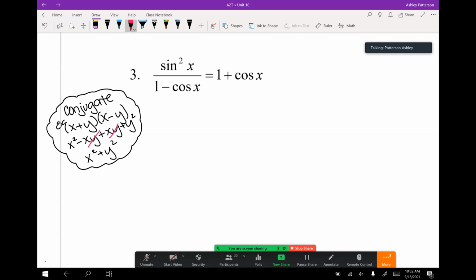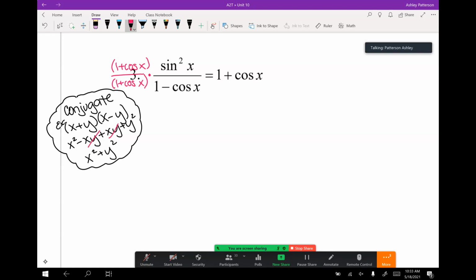In other words, if I multiply the numerator and the denominator by the conjugate of the denominator, I automatically make my denominator squared, ultimately opening the door for me to use my Pythagorean identities.